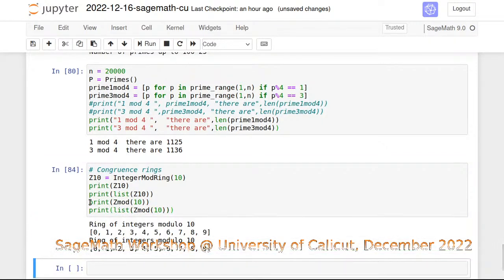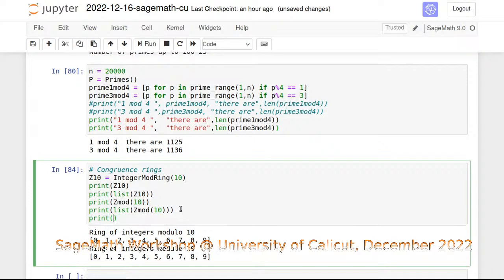That's also possible. Integer mod ring 10 or this. So how do we access one particular element from this? This is the 0th element. This is the 1th element. So we need to use Z10 not in square bracket but in ordinary bracket.